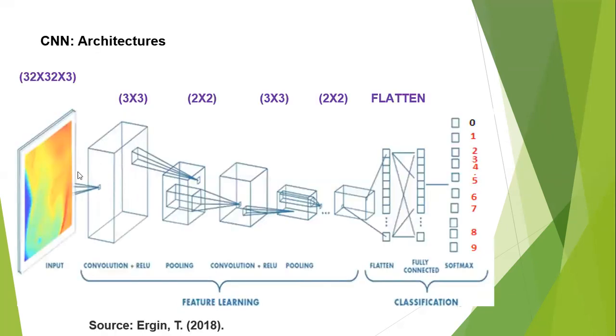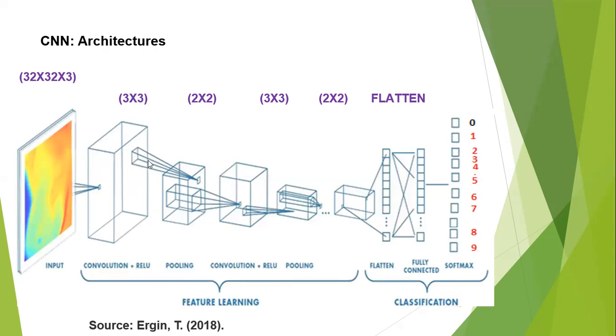And here is the image of the diagram or the architecture of what I just explained. Here is the input 32 by 32 with the color channels, which is 3, and then it goes into the convolution layer, which is 3 by 3.